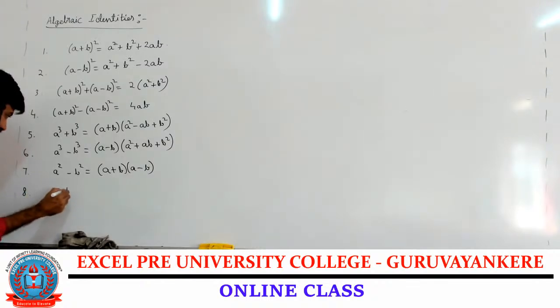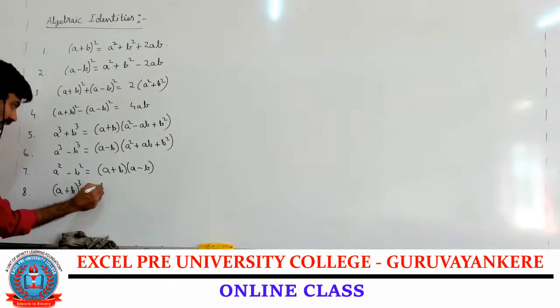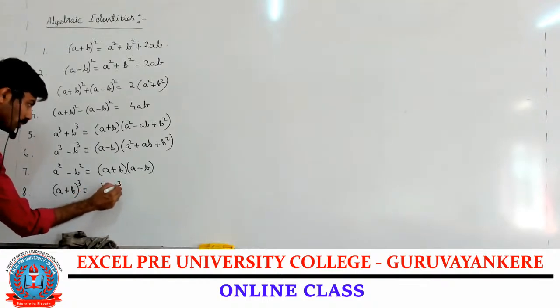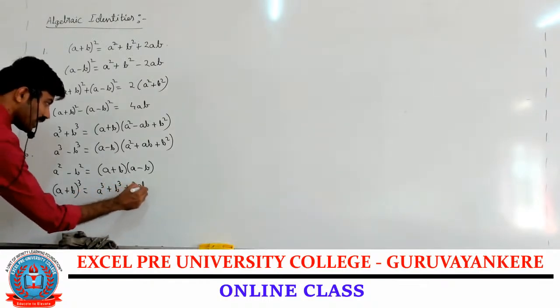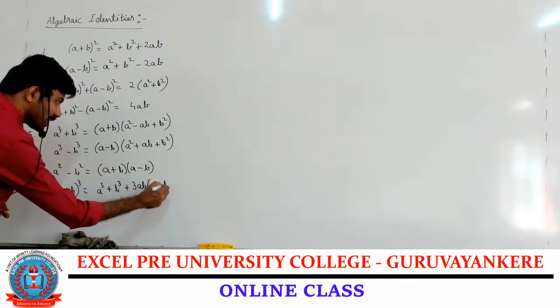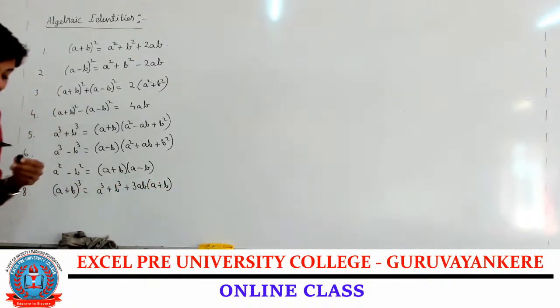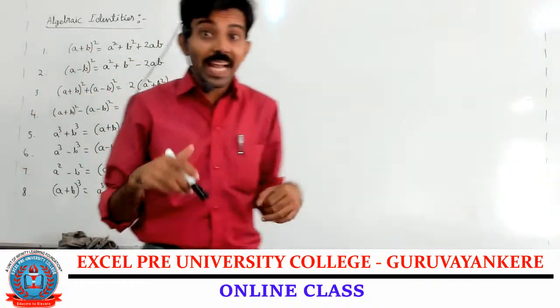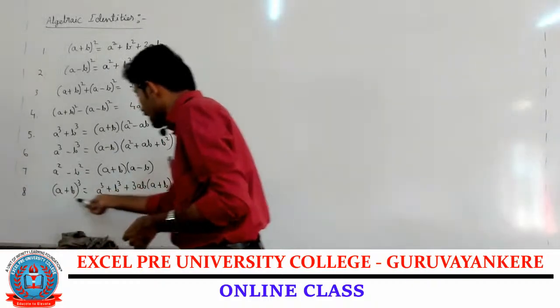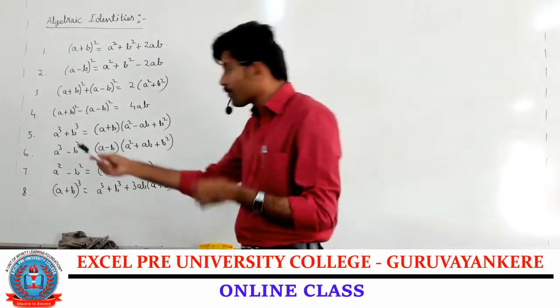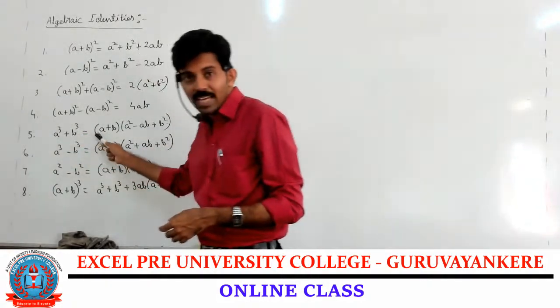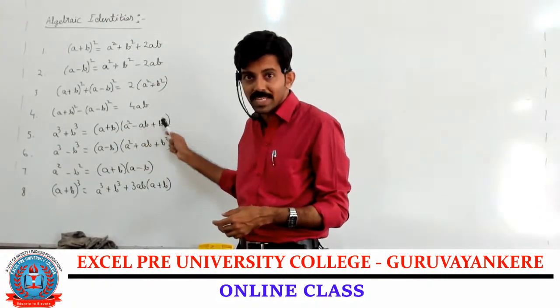Further, we have (a plus b) whole cube is equal to a cube plus b cube plus 3ab into (a plus b). Note that a cube plus b cube can also be extracted from this formula. One formula we already have for a cube plus b cube is (a plus b) into (a square minus ab plus b square).